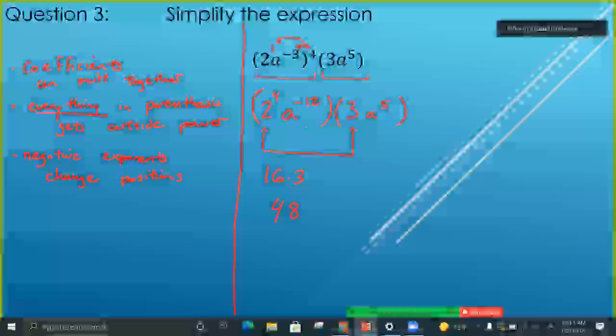Now let's back up and check out what's going on with the a's. A to the negative 12 times a to the fifth. Now, honestly, this looks just like the very first question from today. Our rule is if the bases are the same, and they're being multiplied like these are, we can add the exponents. So what do we get when we combine these two parts together?